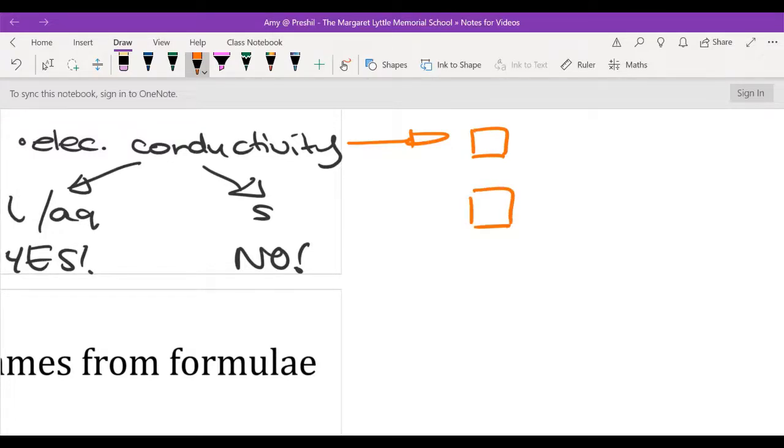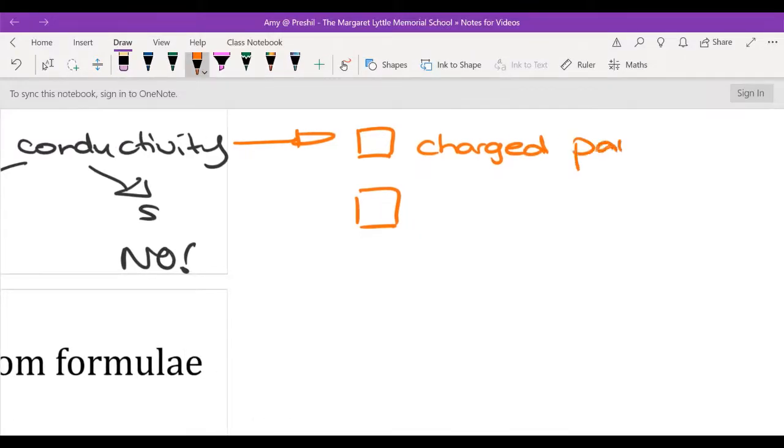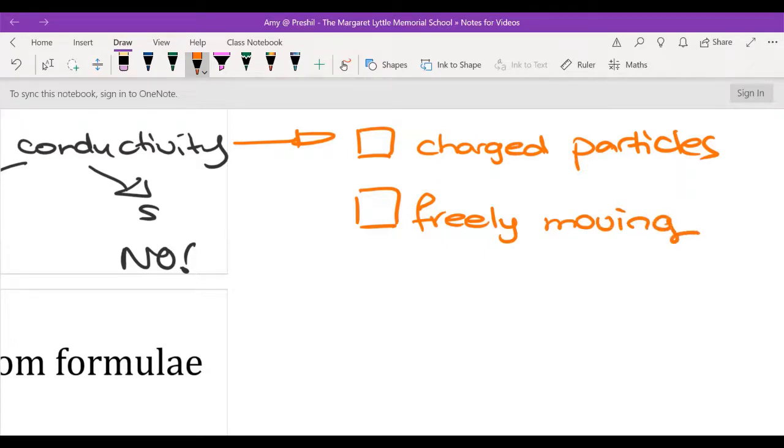I need my substance to have charged particles, and I need those particles to be freely moving. If I have charged particles that are freely moving, I have something that can conduct electricity.